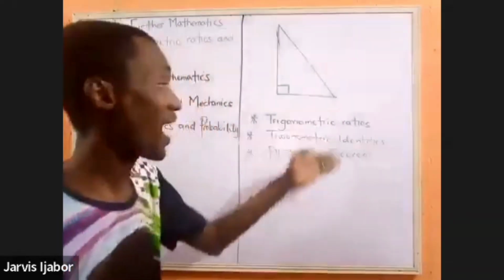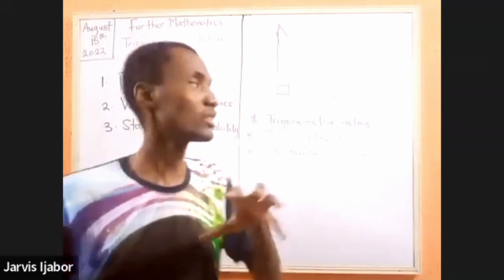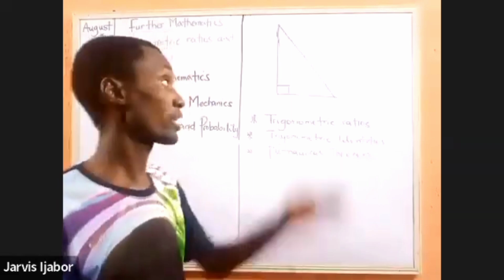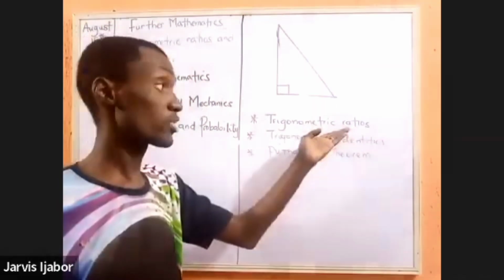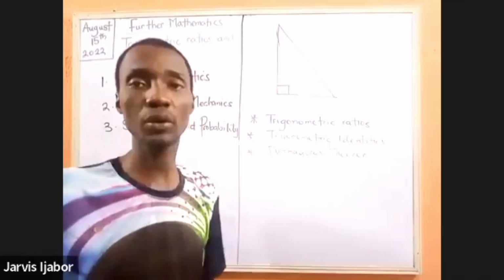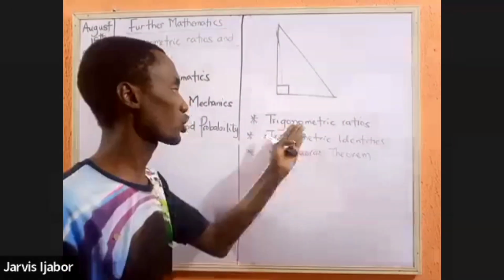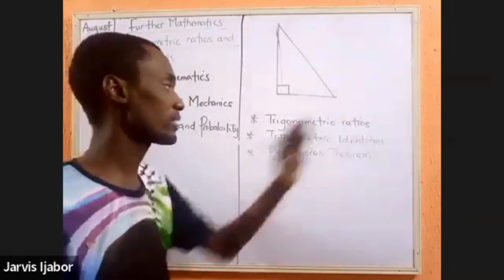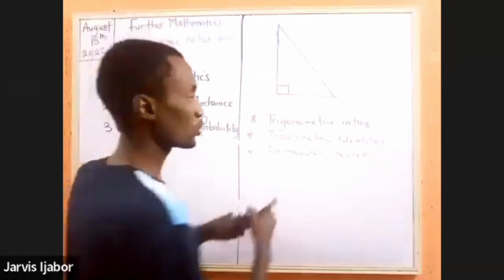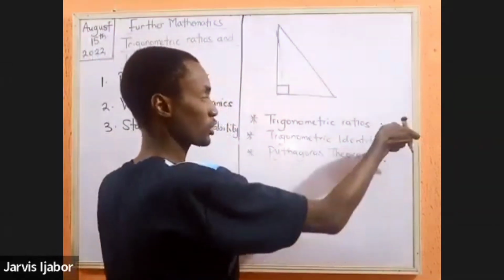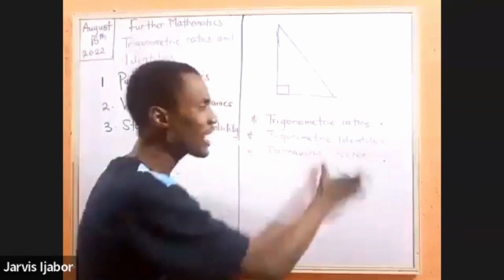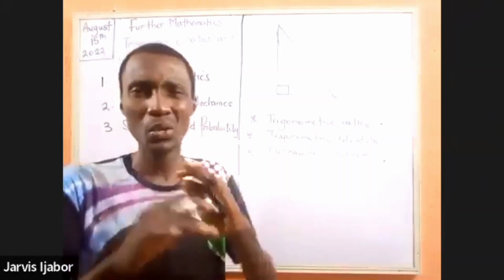So these three ideas are essential to our understanding of trigonometry: trigonometric ratios, trigonometric identities, and Pythagoras theorem. These two will furnish us with this one. But these are the three essential ideas we'll be talking about.